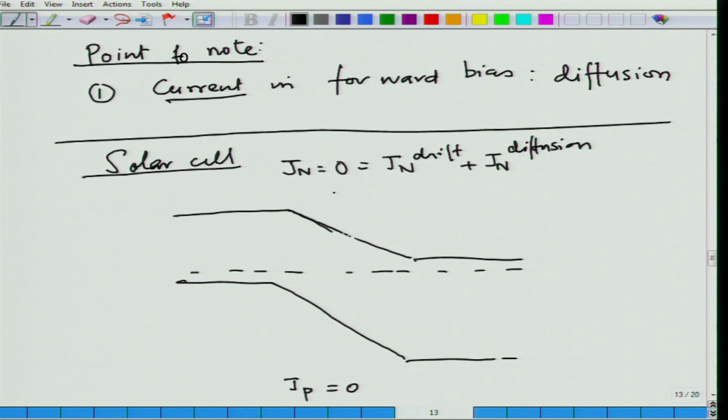Now, if I bring in light and I am going to create electron and hole pairs, I can create them in 3 different regions possibly depending on how I bring in light.